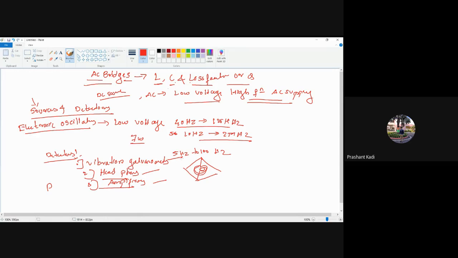Headphones are used for the frequency range of 250 Hz to 4 kilohertz. And tunable amplifiers or detectors can be used for frequency range of 10 Hz to 100 kilohertz. Depending upon the applications, we take these detectors. We'll come to know these details as we move on.